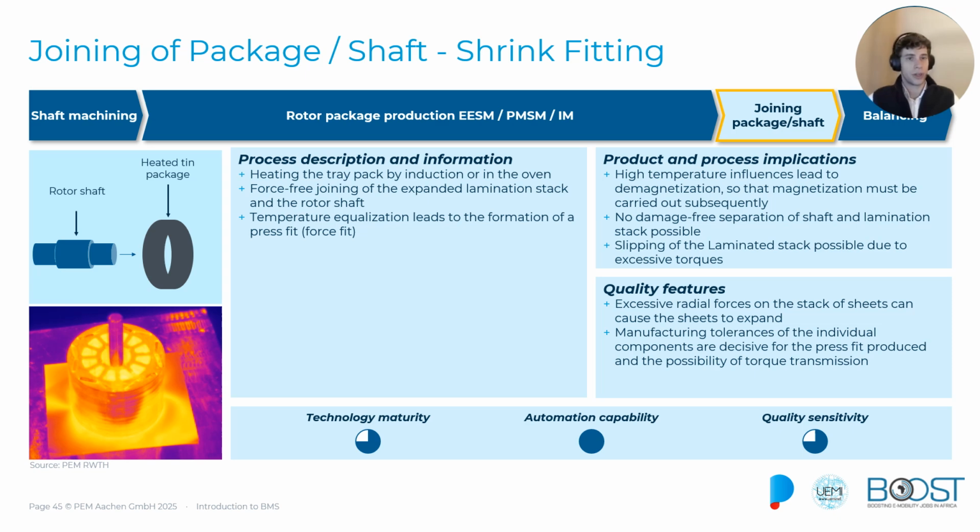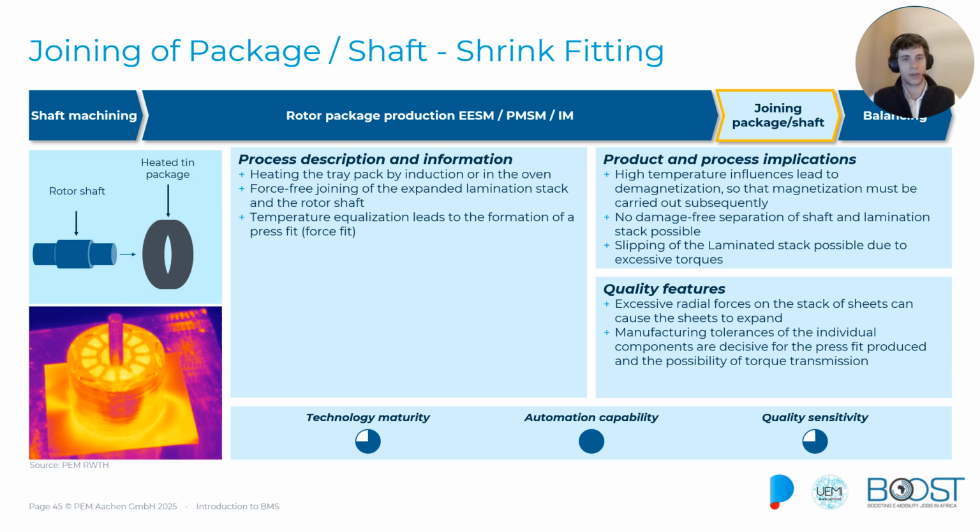Shrink fitting is the opposite way to join a rotor package and shaft, also involving temperature changes to create a tight fit. But this time the process begins by heating the rotor package, causing its bore to expand.